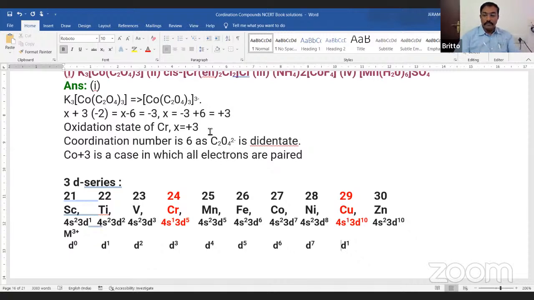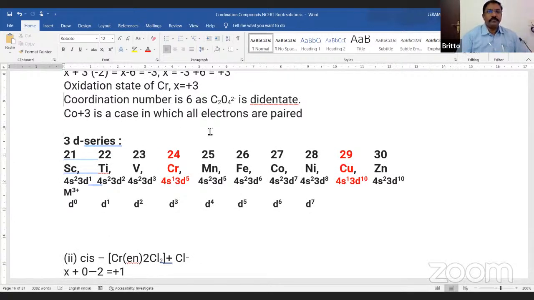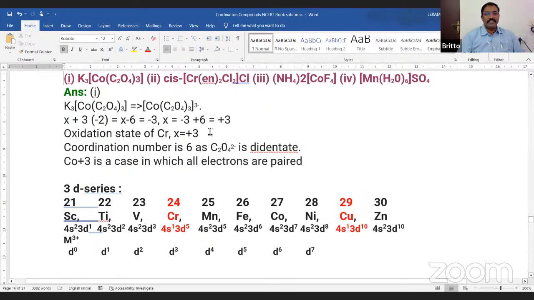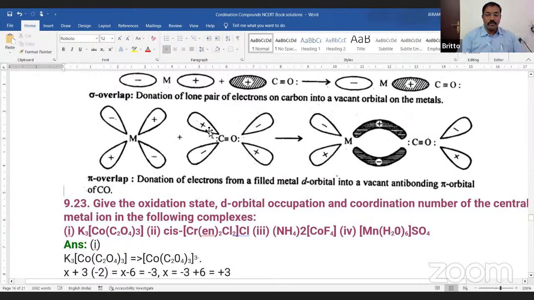So I'm going to just leave it here. Remember this, cobalt 3 plus. Here they have asked us to find the oxidation state, the d orbital occupation, and the coordination number.